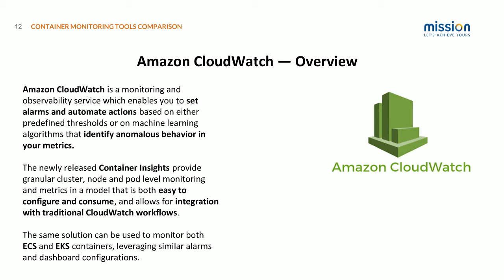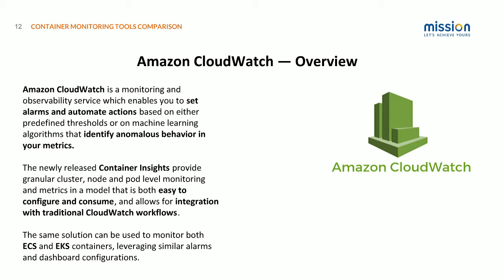Container Insights was very recently released this year and provides high cardinality, granular monitoring and metrics for either EKS or ECS. Since this is more of a Kubernetes-focused talk, we get cluster, node, pod, namespace level metrics, and it's incredibly easy to configure and consume.